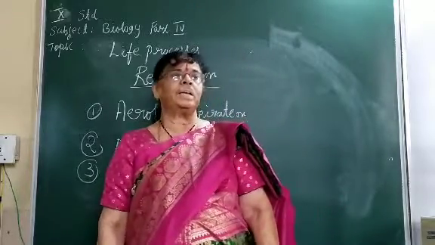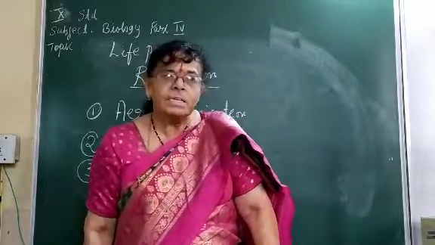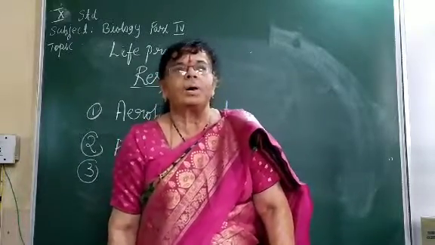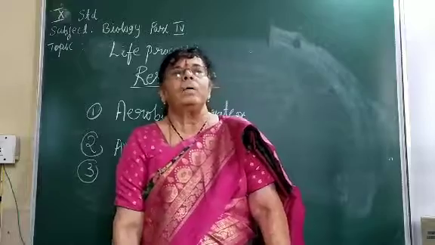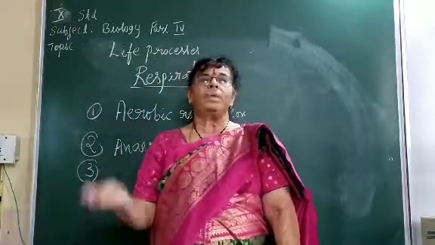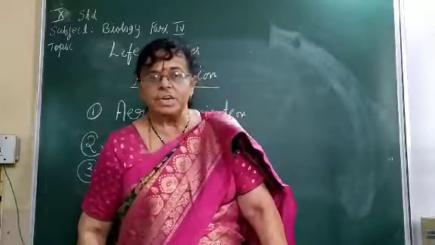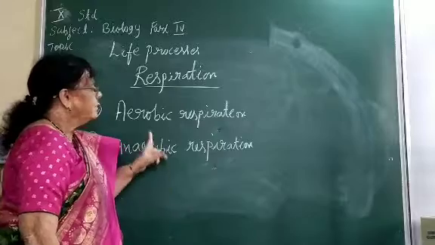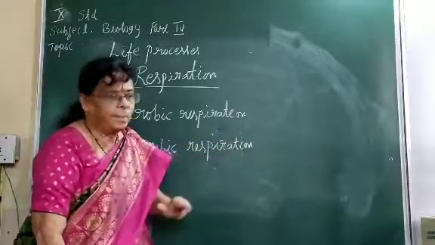In the muscle cell itself, there is a breakdown of the food substance, and another chemical substance called lactic acid is given out, with production of energy. So these are the three pathways in which energy can be obtained.